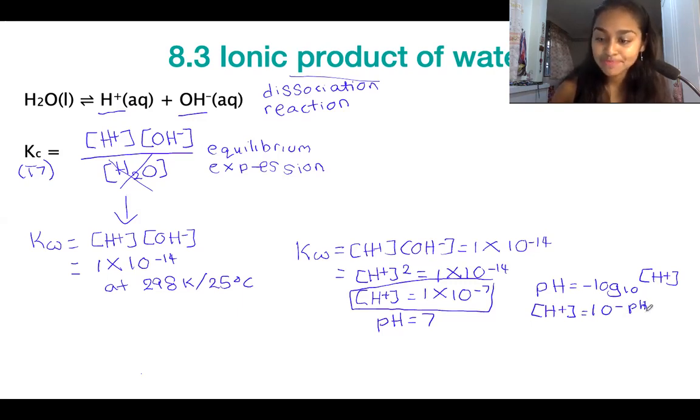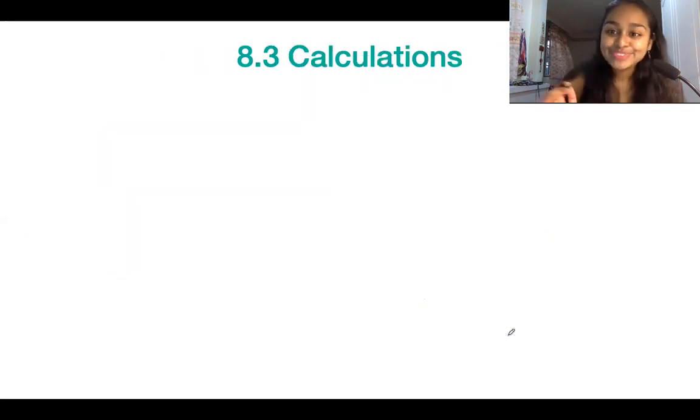Capital H, sorry. What you'll notice is that these two expressions look really similar, and based on that we can extrapolate that the pH of water at room temperature is going to be 7. Okay, good.